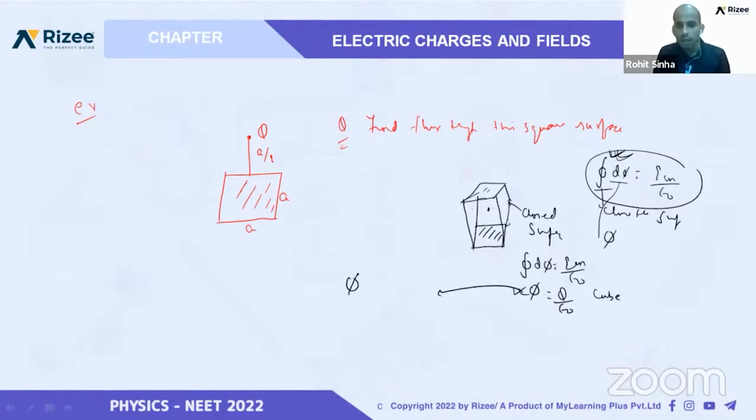We will manipulate according to our requirement. This is for the 6 faces. Cube has 6 faces. For one face, we will multiply the factor of 1 by 6, Q by epsilon naught, and this will be our answer.